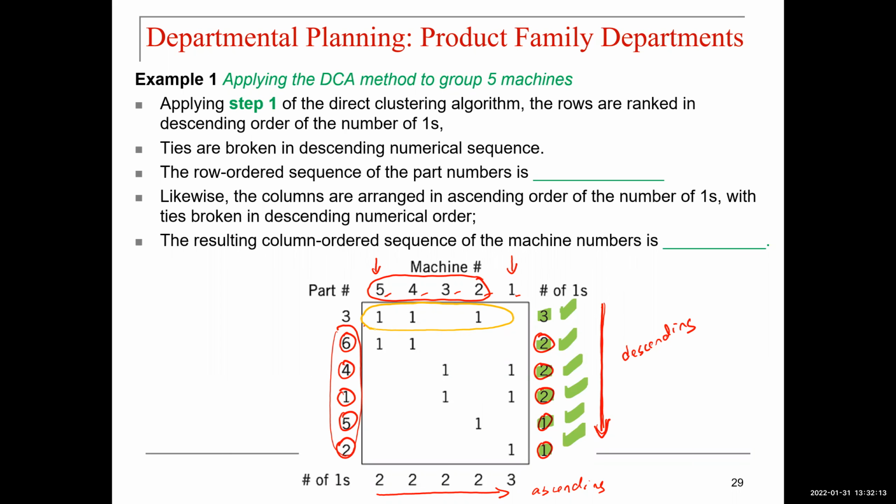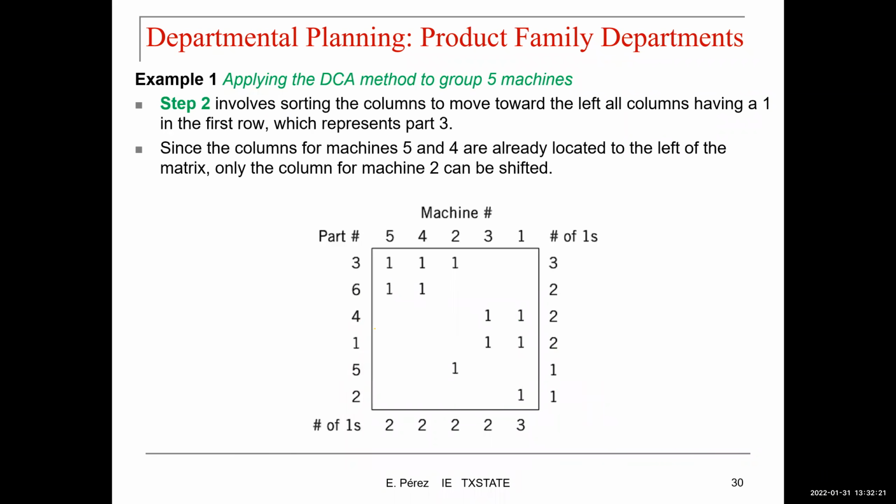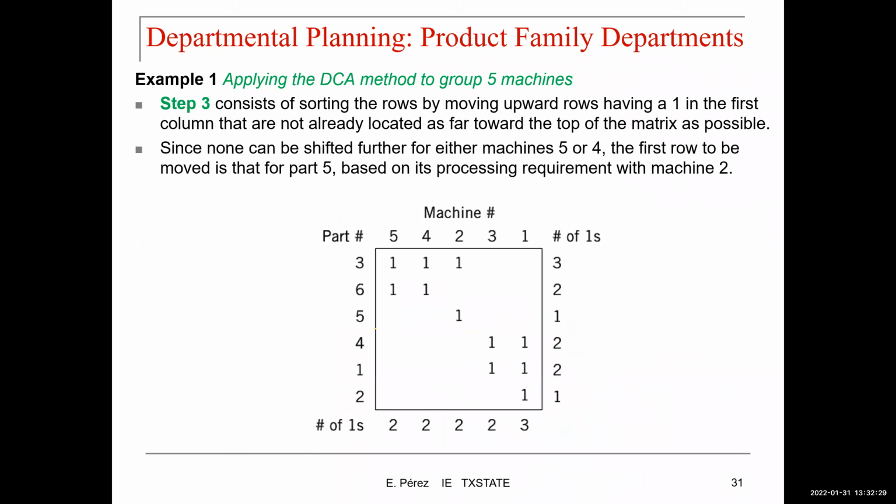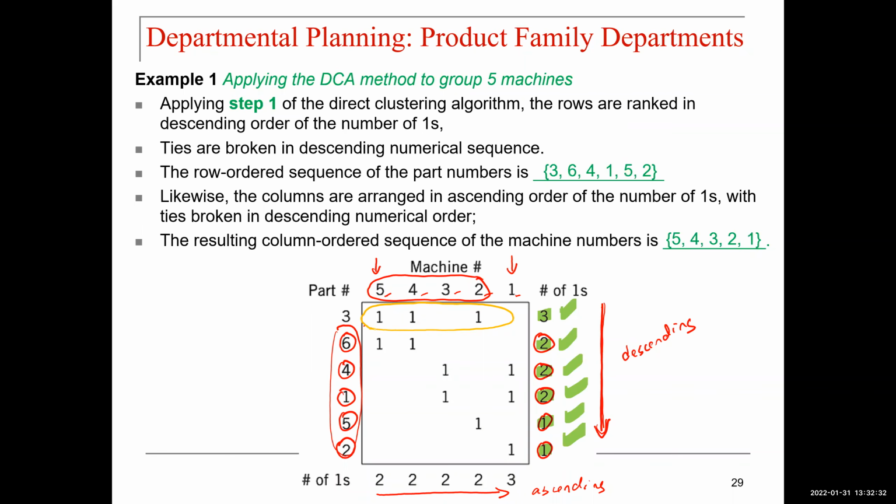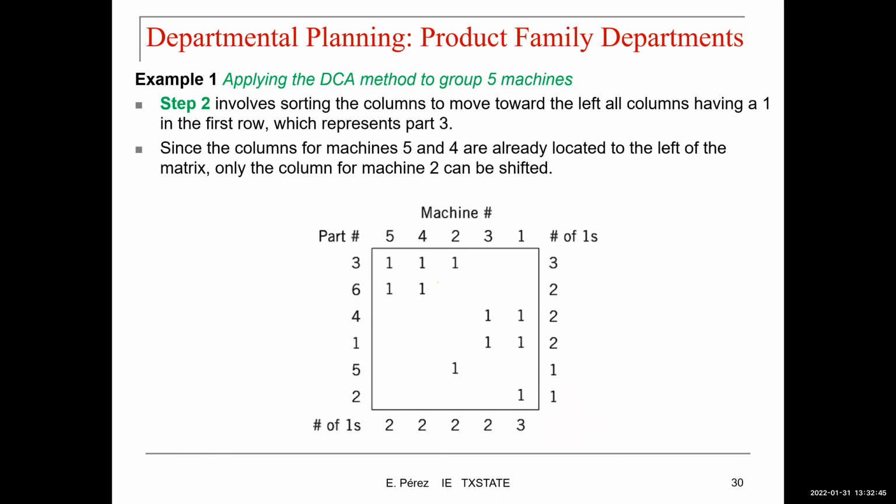Okay, and then I'm done with this first column. And that's what's happening here. See, I move 2 to the left. So this column is moved to the left. Then I check all the other columns.